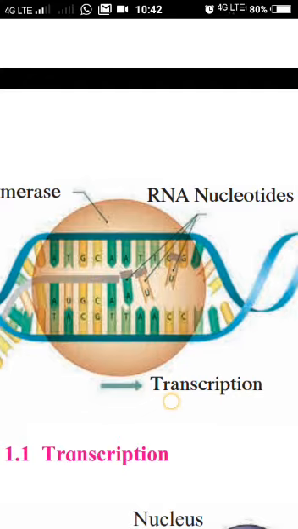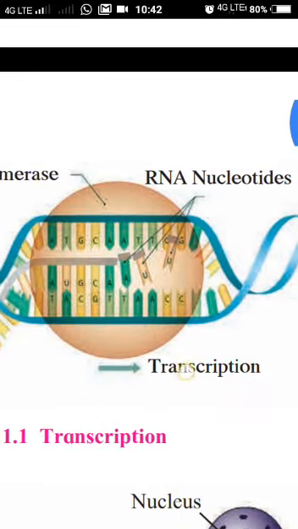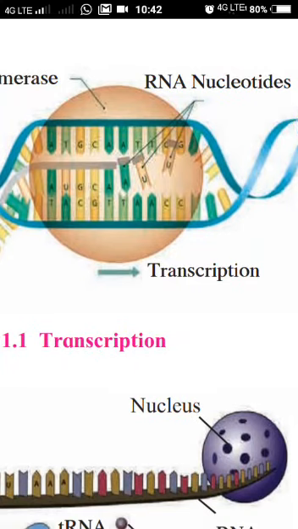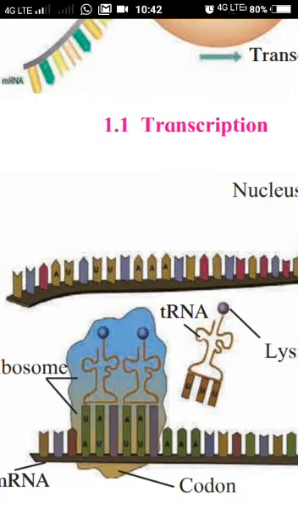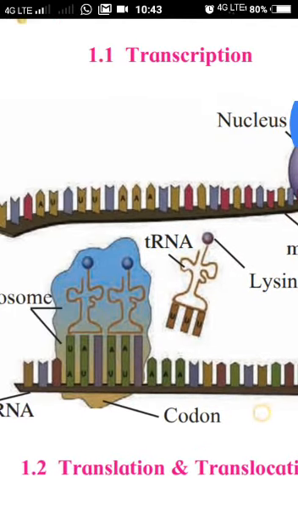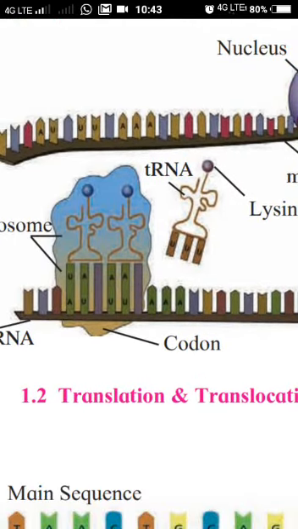After the formation of the mRNA, the mRNA comes out of the nucleus. Now it comes into the cytoplasm, and here we can see the chain of mRNA is formed. The group of 3 nitrogenous bases is called a triplet codon.